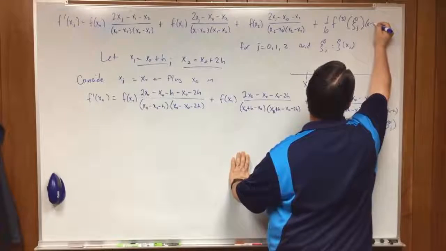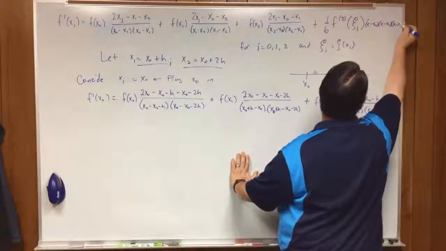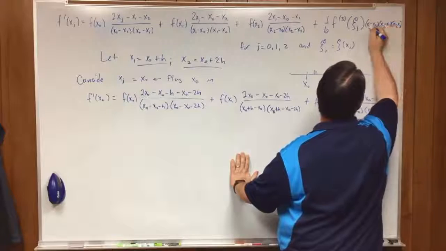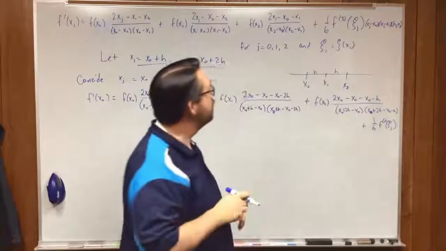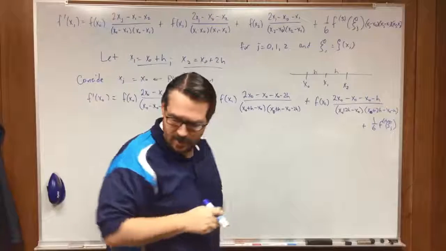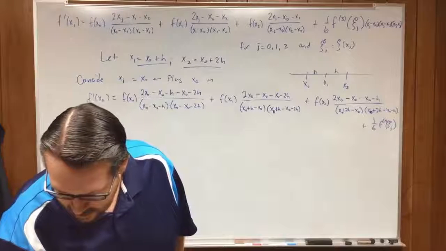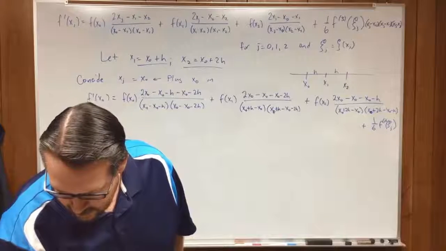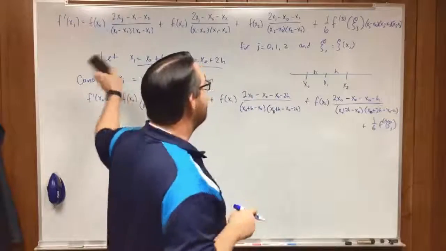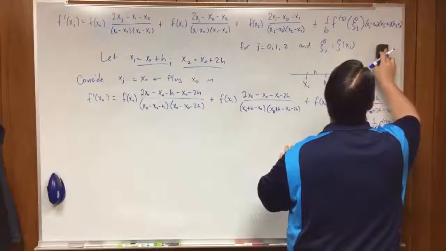This was times x minus x0, x minus x1, x minus x2 with a j plugged in on each of those. When you plug that one in, one of those drops out.